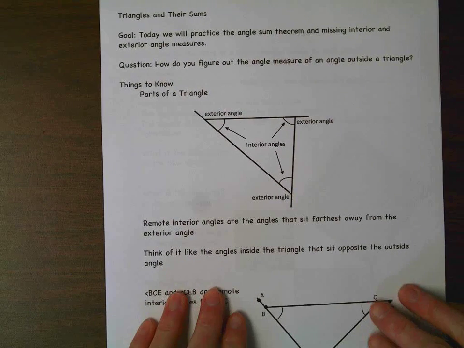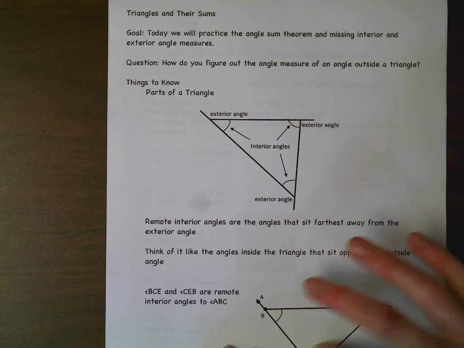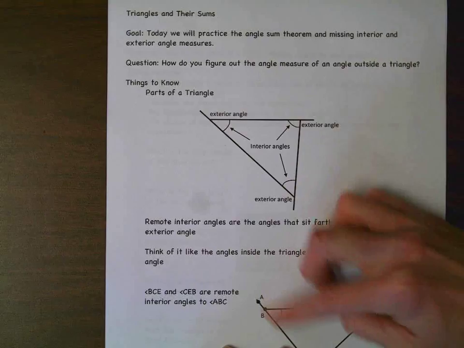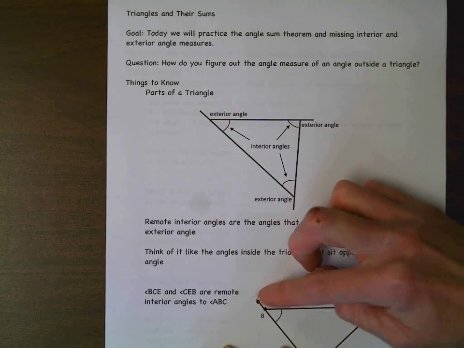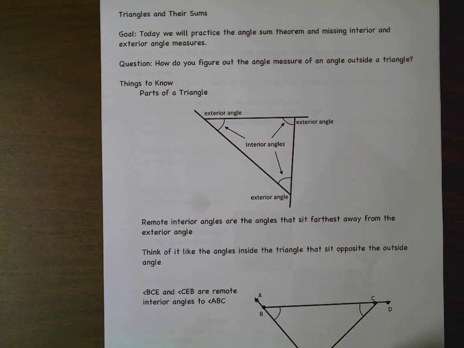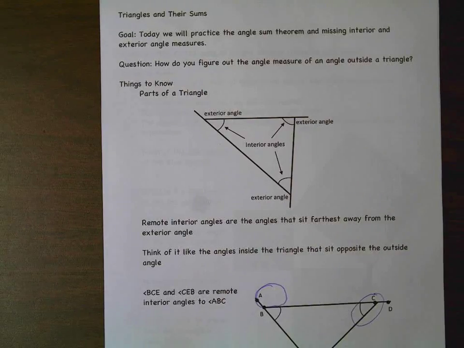The most important thing that you can remember about this lesson is that adding up the angles on the inside of a triangle all together equals 180, and straight angles also equal 180. And so we're going to practice those. One thing that you can also tell yourself is that for the remote interior angles, you take this angle plus this angle, and it equals the same as this outside angle right here.